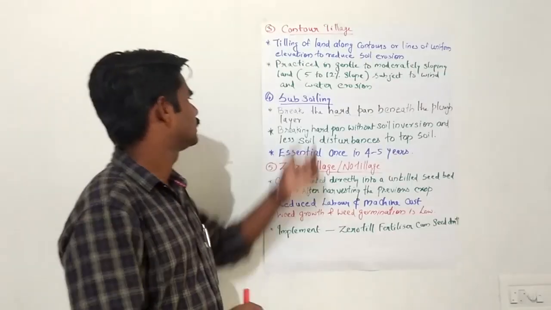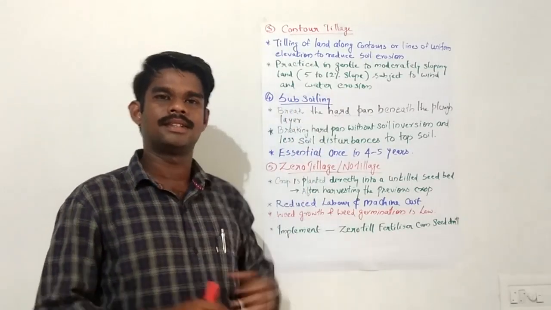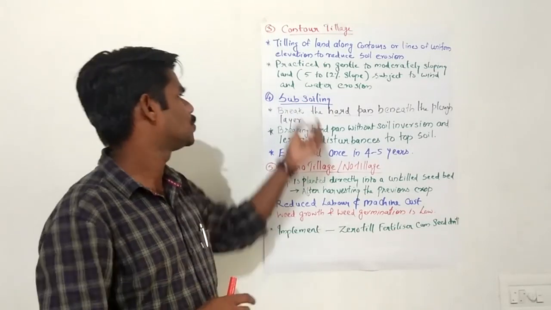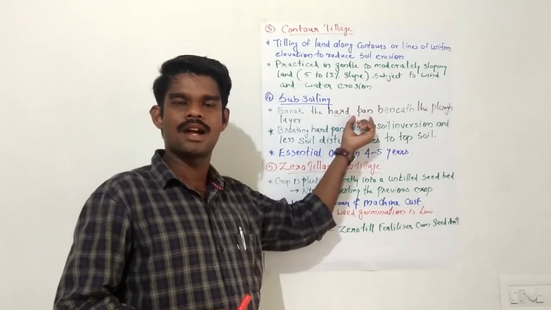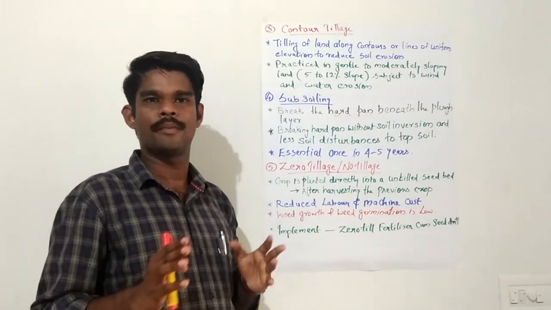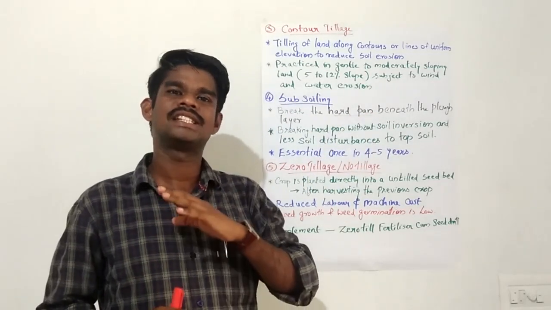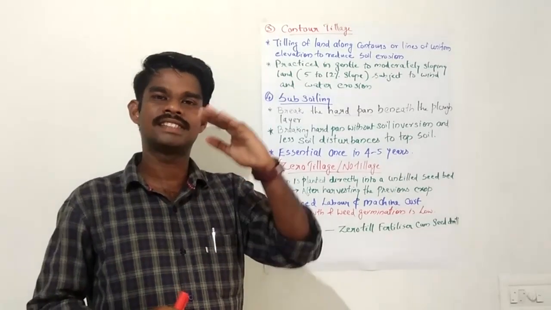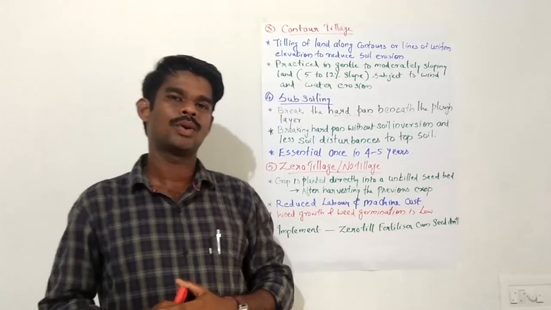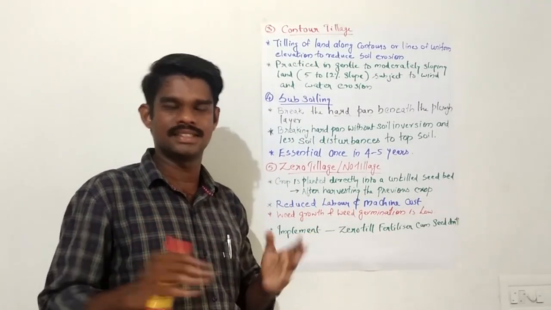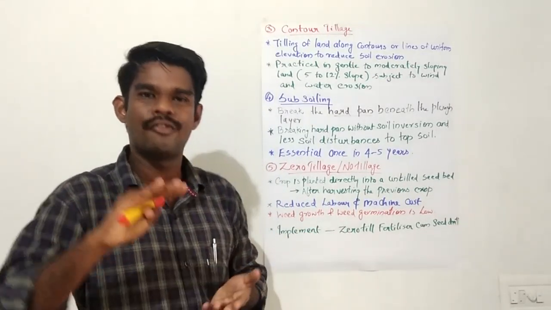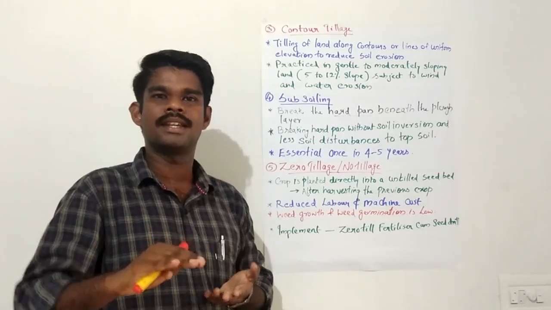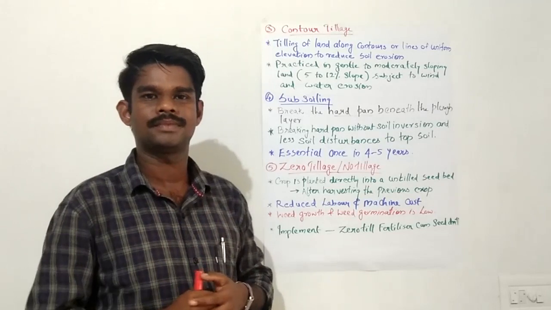Next, subsoiling. Subsoiling is a tillage practice done to break the hard pan. Hard pans are formed by continuous tillage operation at the same depth. It is a hard surface formed due to the continuous tillage operation at the same depth.